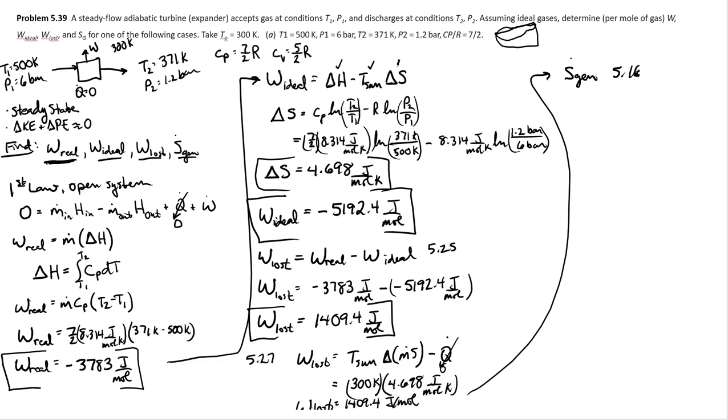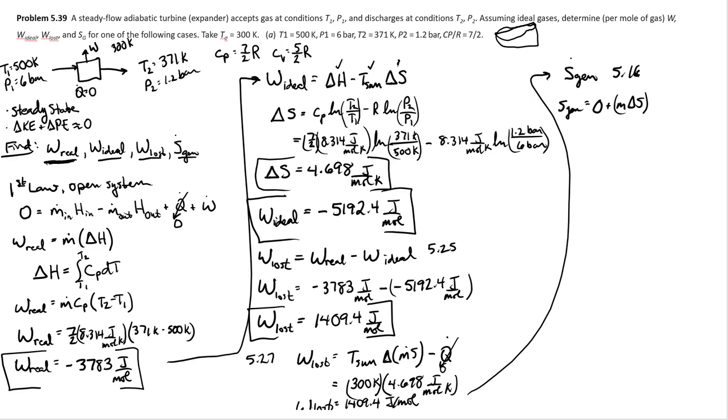Our entropy generation says that S dot gen is equal to what? The accumulation term for our control volume, that's equal to 0, plus m dot delta S. This is our input and output, which we just calculated, right? And then what else?